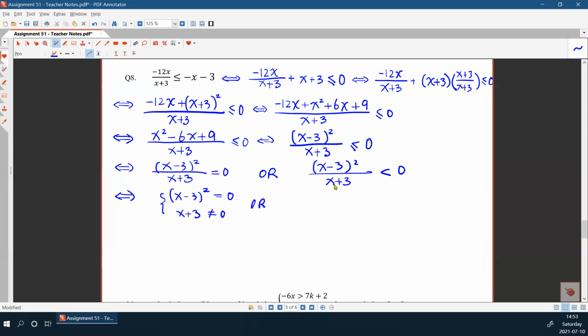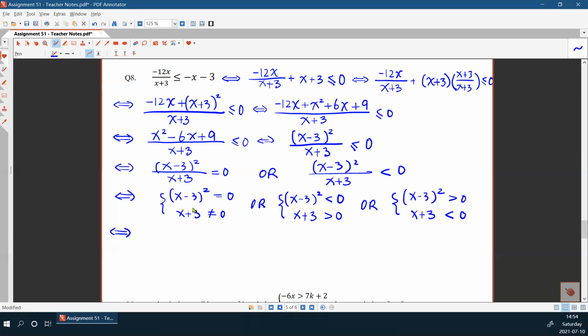Or when you have a ratio that is a negative number, that means the signs of the denominator and the numerator must be different, right? So we either have a negative numerator and at the same time a positive denominator, or we can have a positive numerator and at the same time a negative denominator, right?